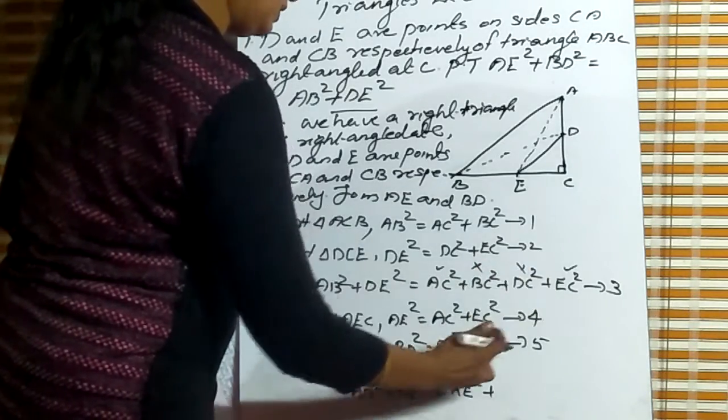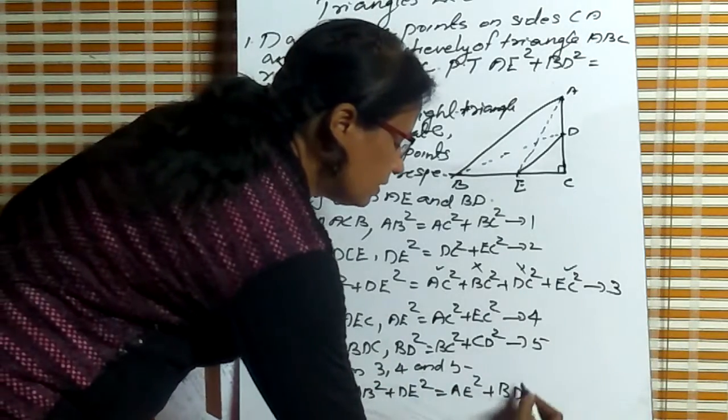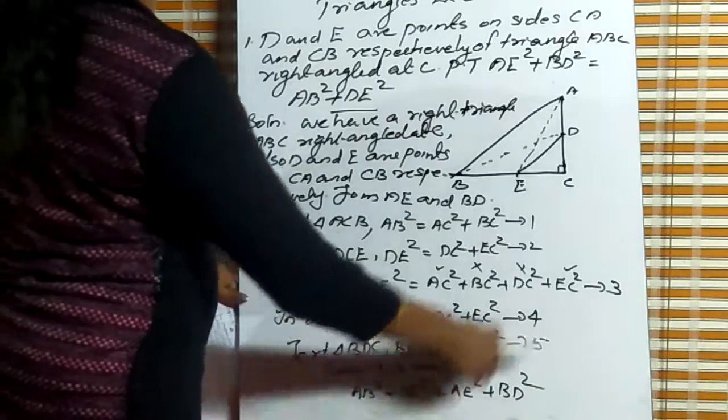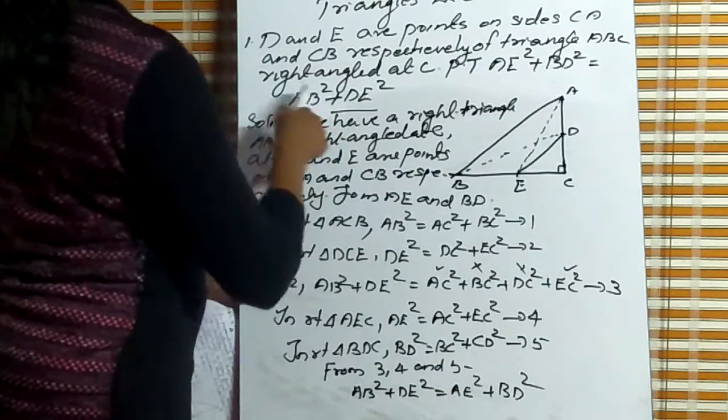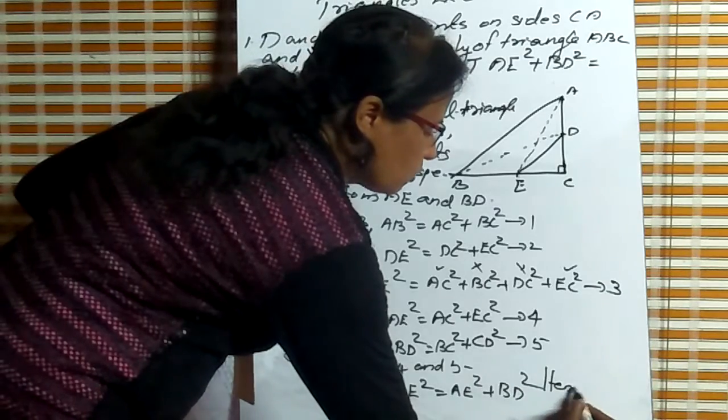BC square plus CD square is BD square. So AE square plus BD square is equal to AB square plus DE square. Hence, proved.